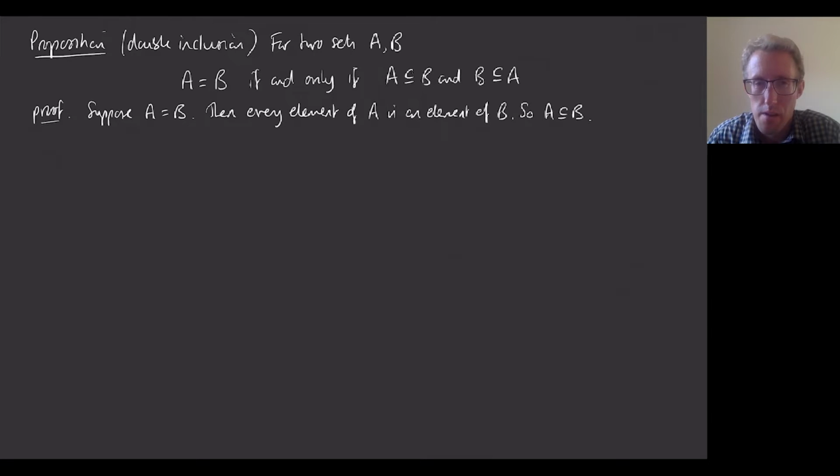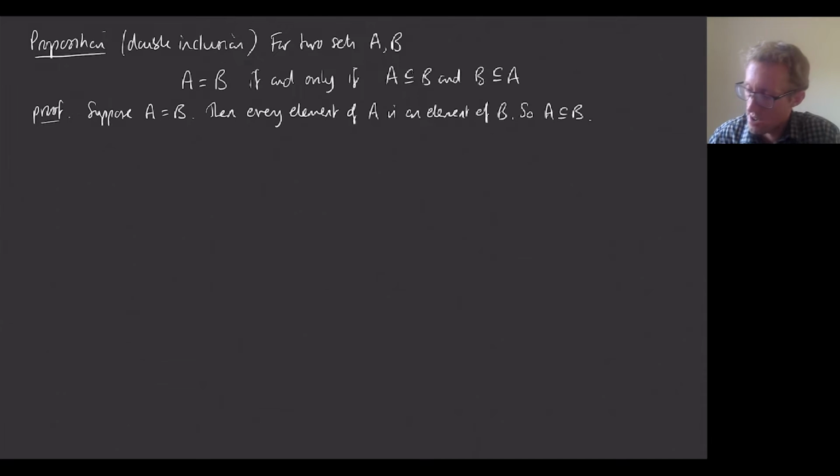And I could have written that the other way around. Rather than writing this, I could have written then every element of B is an element of A, because A equals B could be written that way too. And then that would be the definition of B being a subset of A. But since the argument is exactly the same, I don't need to bother writing it out again.